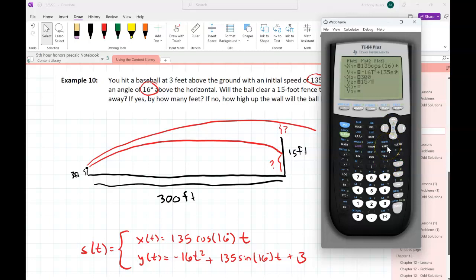So that's a variable, right? That was one of the window variables. So I'm going to press vars. I'm going to pick the window option. And I'm going to go over to the T/theta option. And I'm going to grab T max. And then I'm going to multiply that by T.